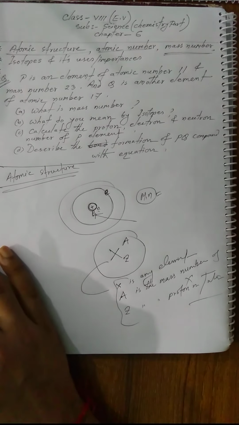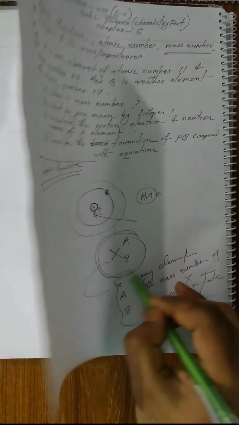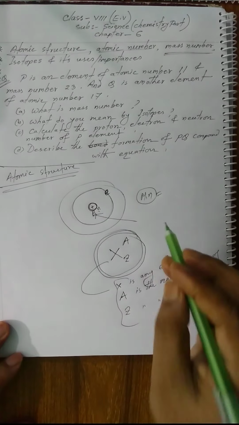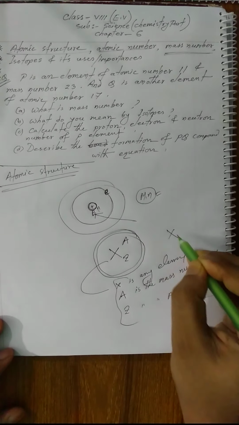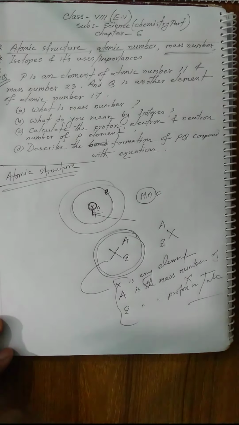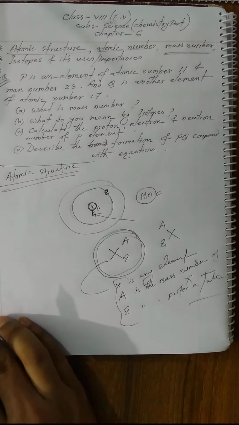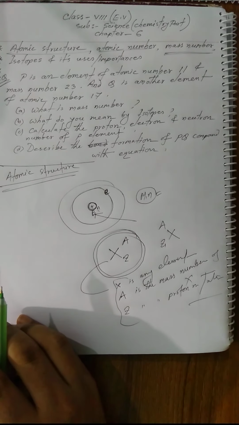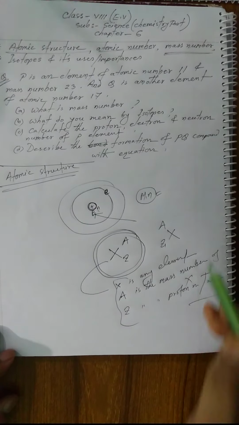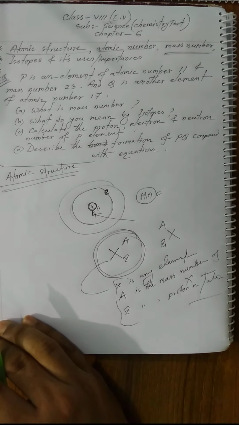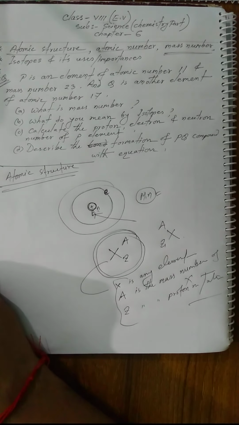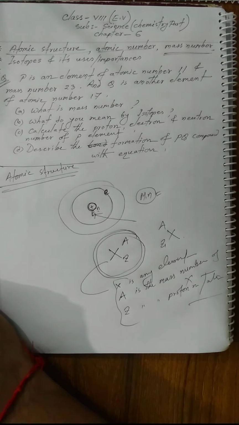It may be written in either this type or this type, but the symbols will be the same, where X is any element, A is the mass number of that element, and Z is the proton number or atomic number.